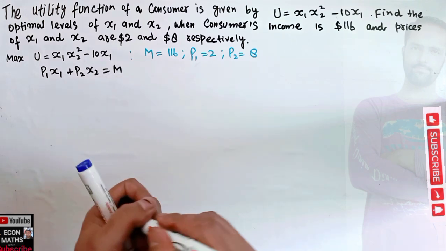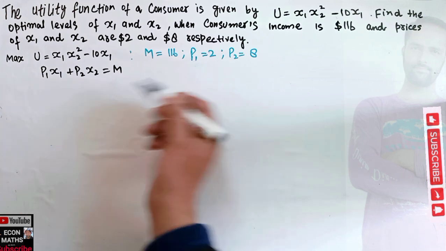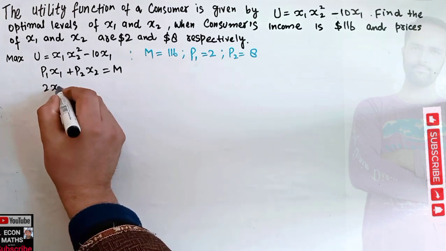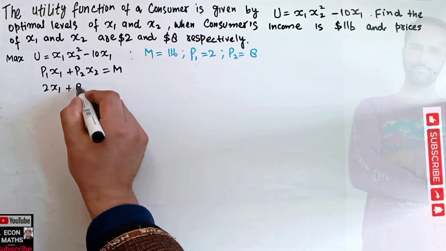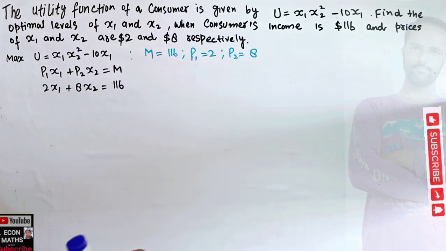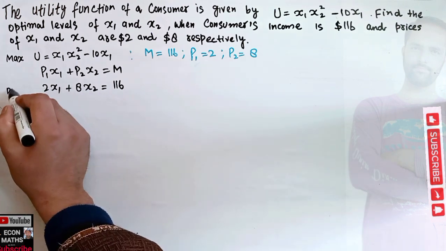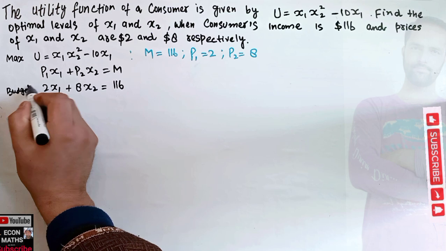That means our budget should get exhausted. So we have 2x1 + 8x2 = 116. This is our budget constraint.